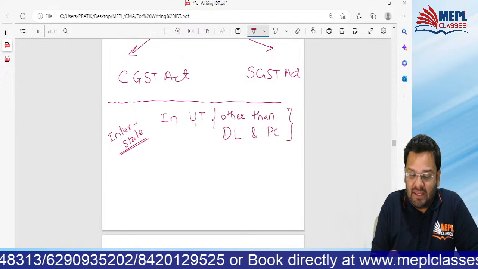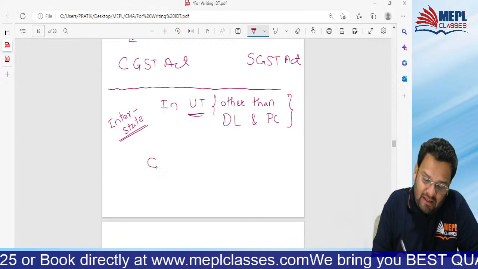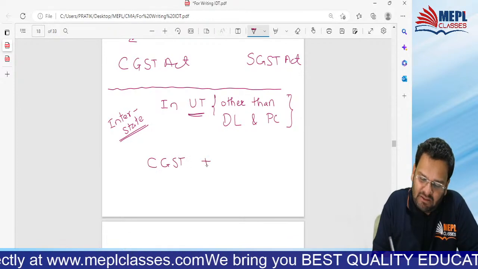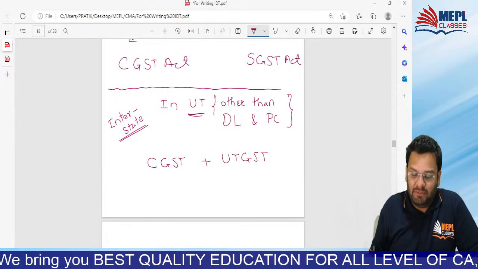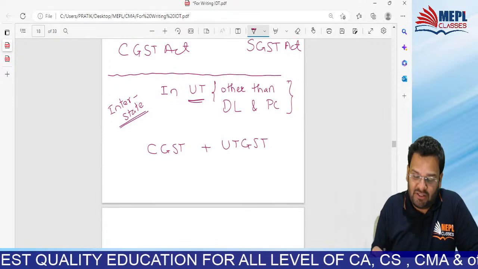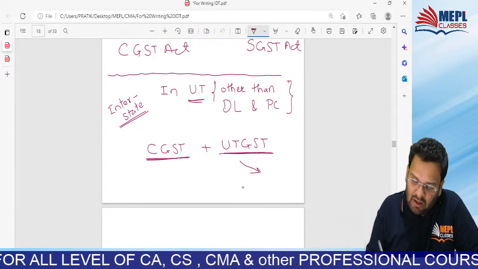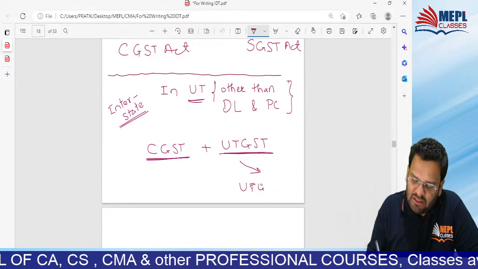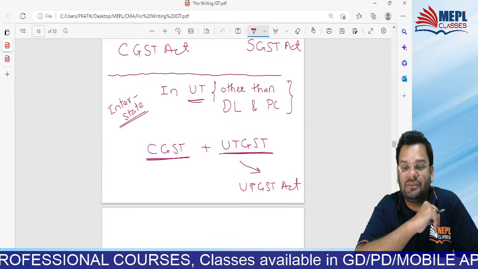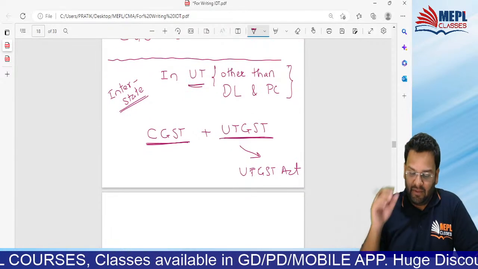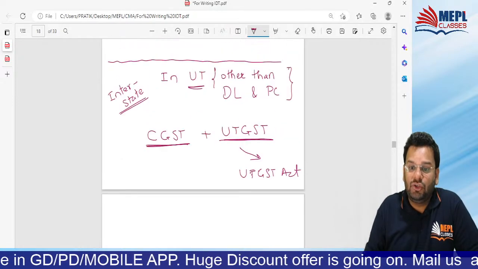Then there will be CGST plus UTGST. Needless to say, the levy of UTGST will come from the UTGST Act.